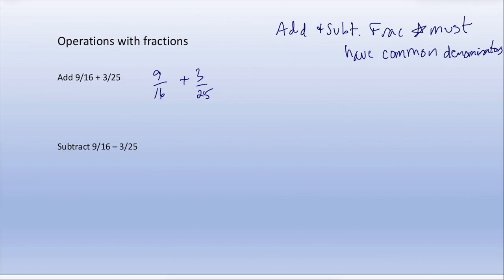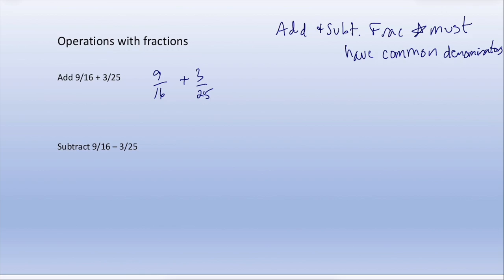Okay, so I believe it was week 3, mod 3, you were talking about greatest common factors and least common multiples. We need the least common multiple of 16 and 25 to be our common denominator.